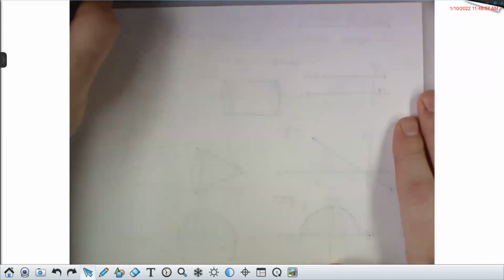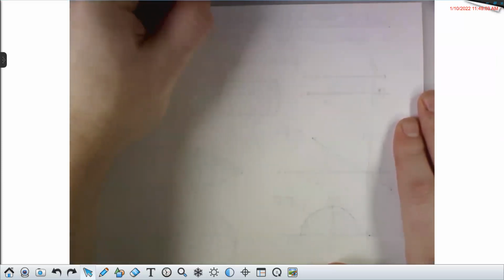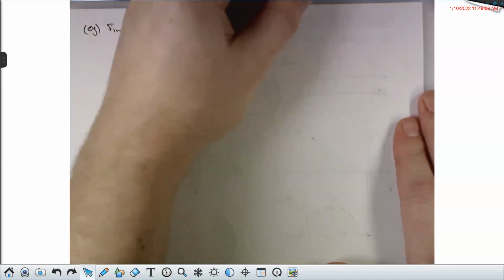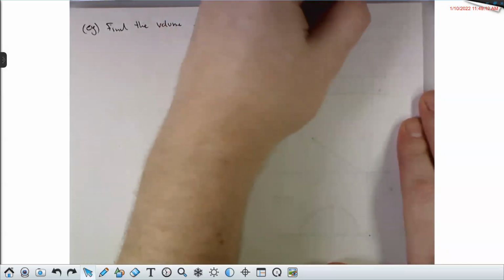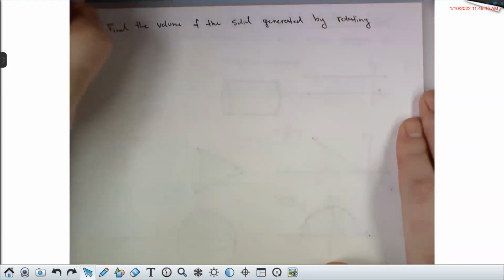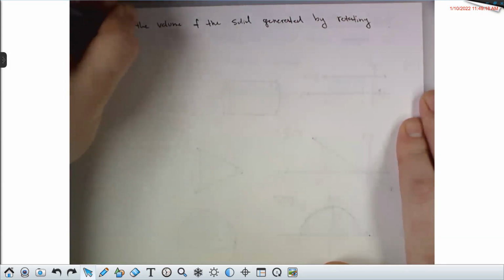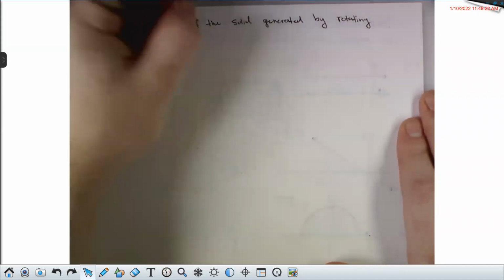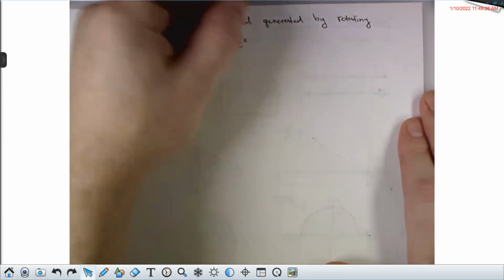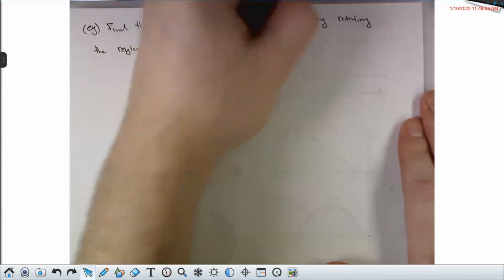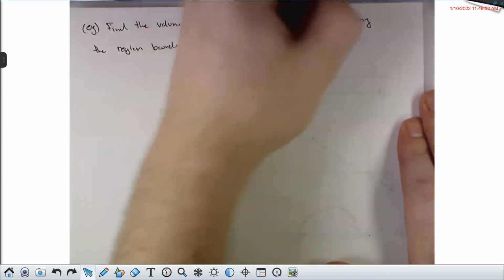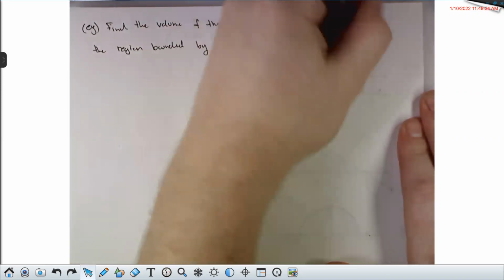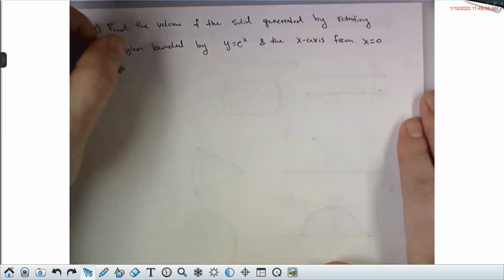And we're going to find the volume of the solid generated by rotating the region bounded by y equals e to the x and the x-axis from x equals 0 to x equals 1.